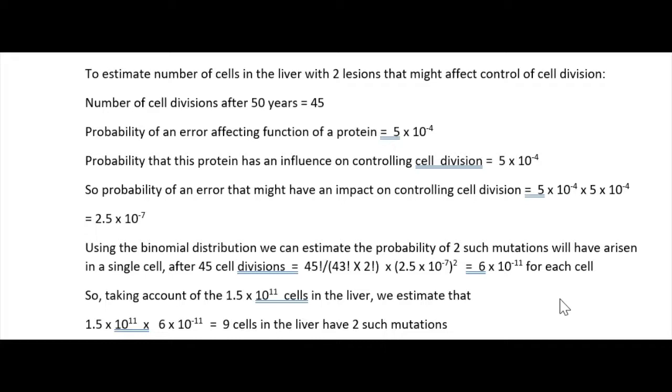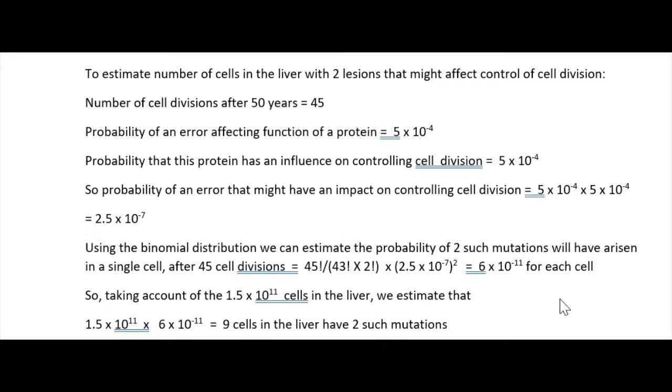But of course there are a lot of cells in the liver, so when we multiply that by the number of cells in the liver, which is 1.5 times 10 to the 11, we end up with 9 cells as our estimate of the number of cells in the liver which have actually got 2 such mutations, which isn't very many out of 1.5 times 10 to the 11 cells.